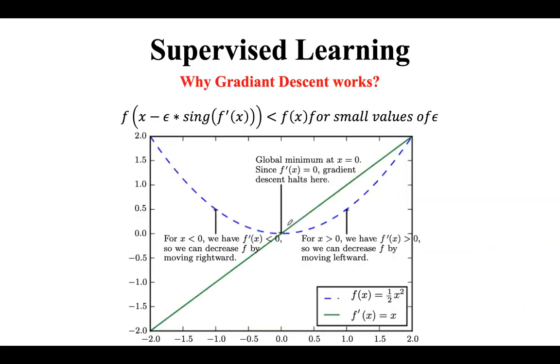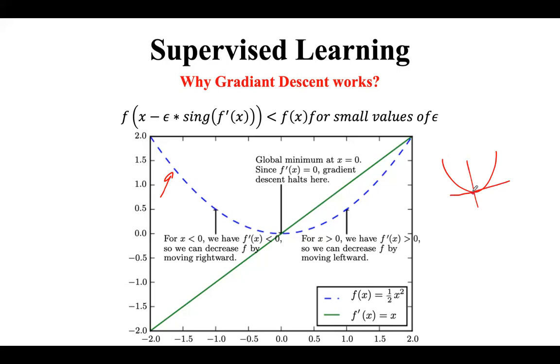But why is this working? Now look at this figure. Let's discuss the sign of f prime. Now imagine that the blue line represents y equals x squared. As you know, there is a minimum at x equals 0, which gives us the minimum of our function. I mean, x squared has a minimum right at 0.